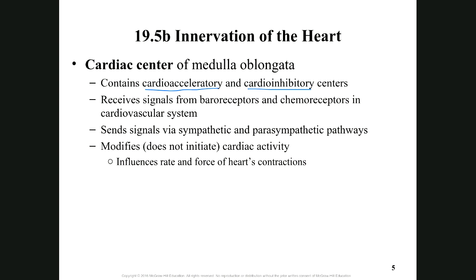These two centers can receive their signals from two important receptors. One of these receptors is called the baroreceptor, and the other one is called the chemoreceptor. Let me bring the slide for you.